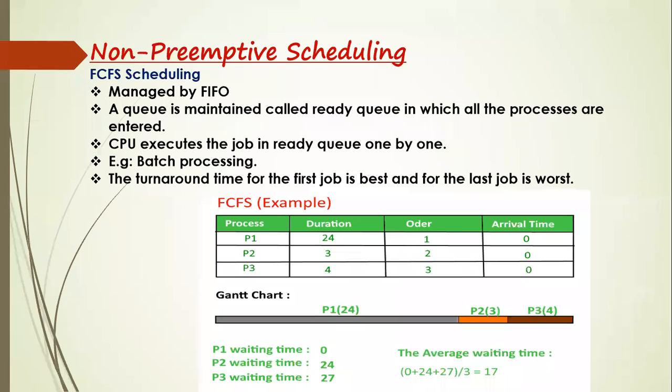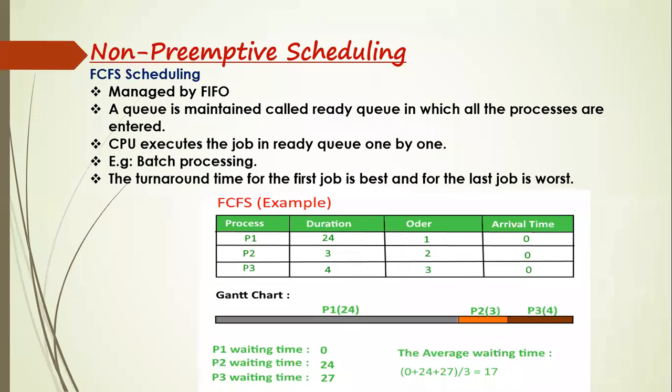Now see, you can see that P1 execution time is 24. P2 requires 3 and P3 requires 4. So if you consider P2, then P2 requires only 3 microseconds for the execution, but it is waiting for 24 microseconds.